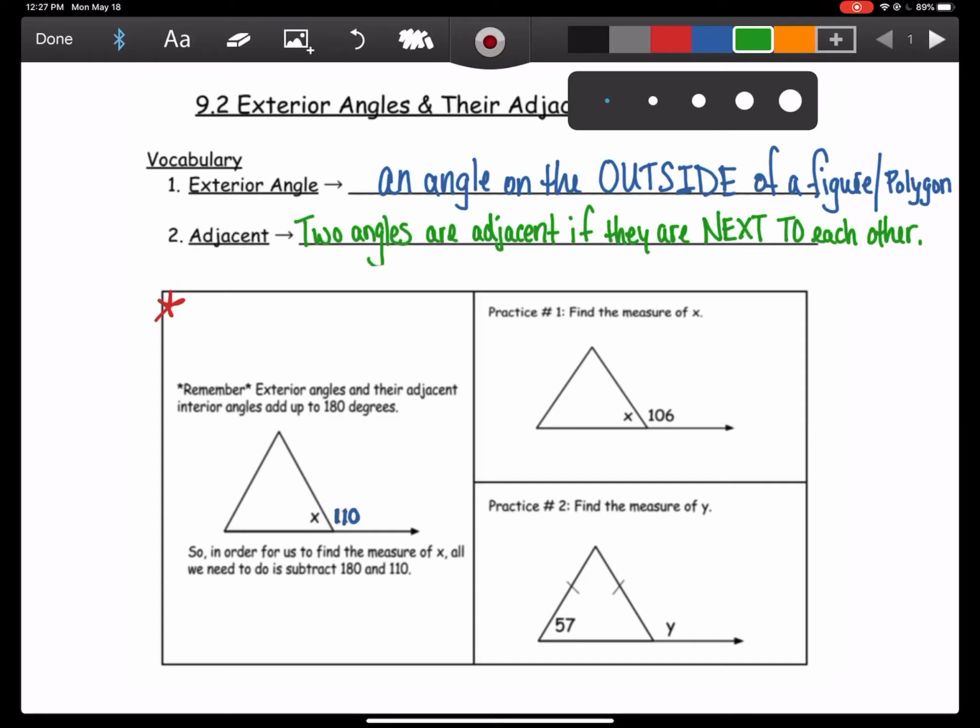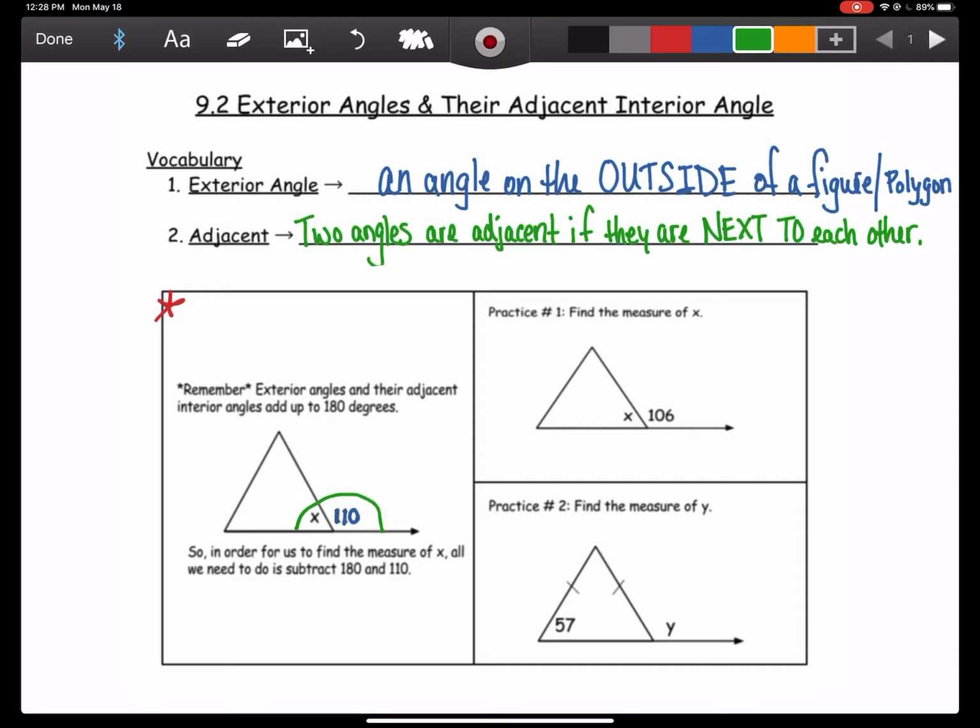The angle labeled X and the 110 we call adjacent angles. Whenever you have an exterior angle and it's adjacent, you know that the two of them are 180 degrees.